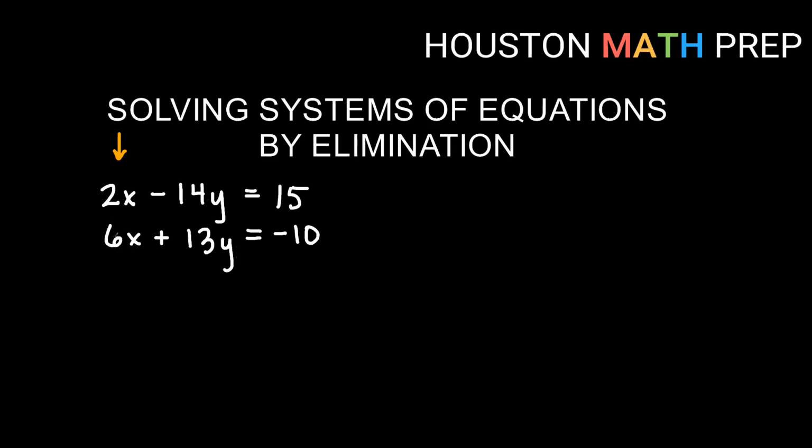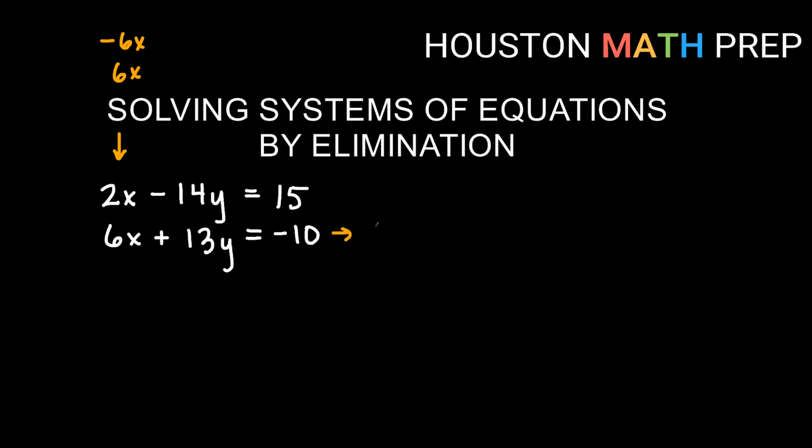So if I look at 2 and 6, the least common multiple of 2 and 6 is actually 6. So what I want to do is get one of them to be a 6x term. I already have that. So the other one I want to turn into a -6x, and then they will eliminate when we add together. So since I already have the positive 6x term here, I just need to turn the top one into a -6x.